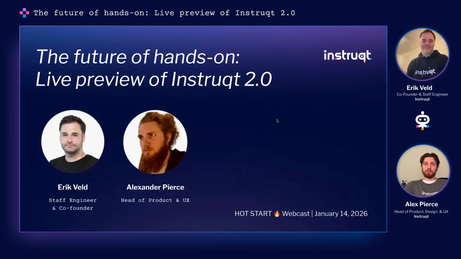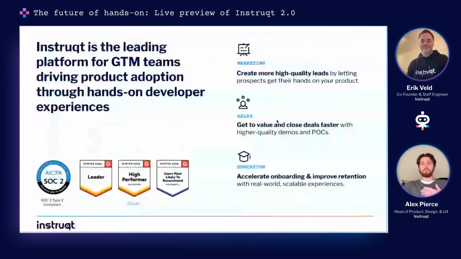You're probably familiar with Instruqt, but if you're not, I'm just going to tell you a little bit about what Instruqt is and what we do. Instruqt is a platform that helps go-to-market teams reach their goals, whether that's adoption, leads, or improving the sales cycle, with hands-on experiences, because buyers today really want to try a product before they buy it, right?